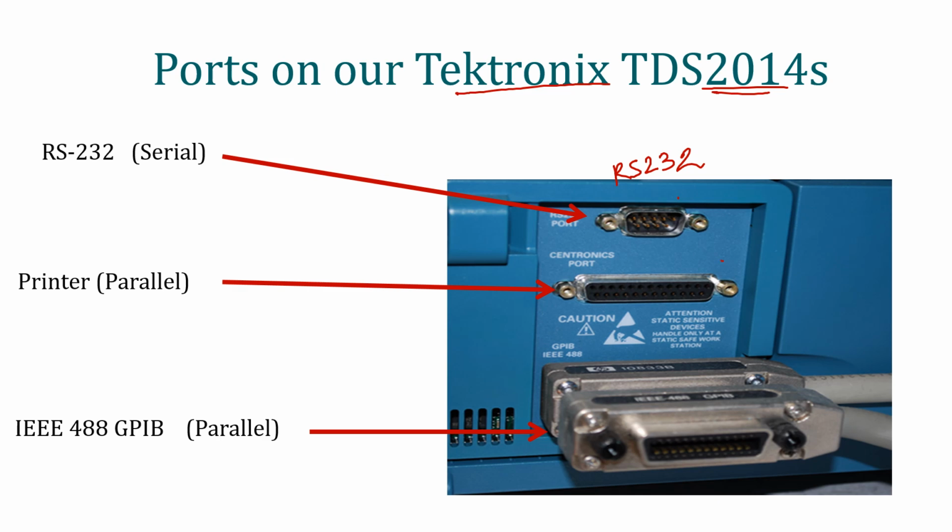This kind of port also has 24 pins, but its function was originally dedicated only for printer purpose. Whenever we want to print some signal commands out of this instrument, the printer will be connected at this port, and that is why it has a specific name, the printer port. This is the GPIB port that we are talking about right now.